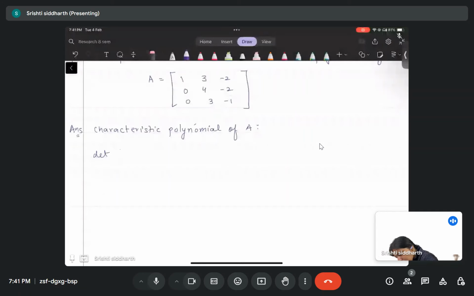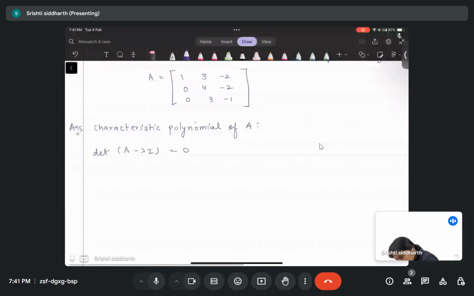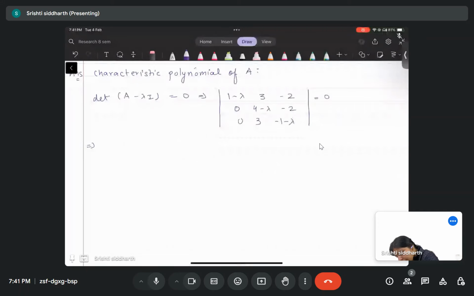So this implies we have 1 minus lambda, 4 minus lambda, minus 1 minus lambda, 3 minus 2, 0, minus 2, 0, 3.